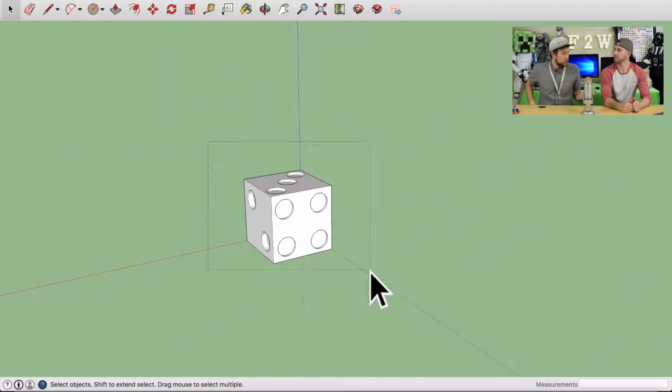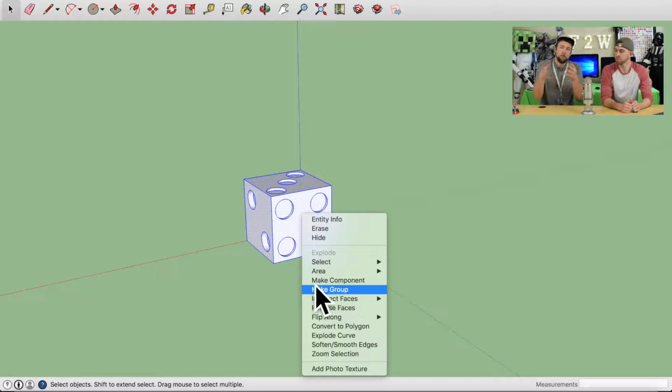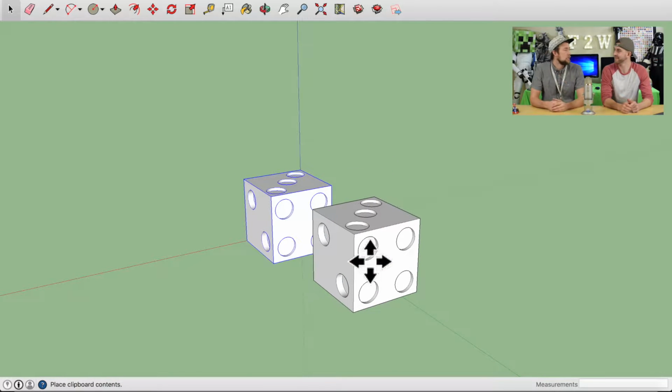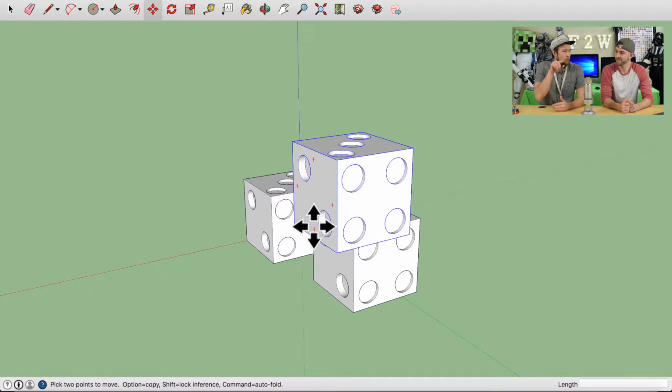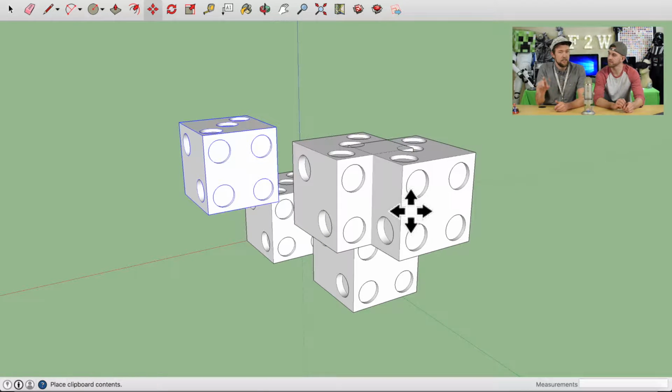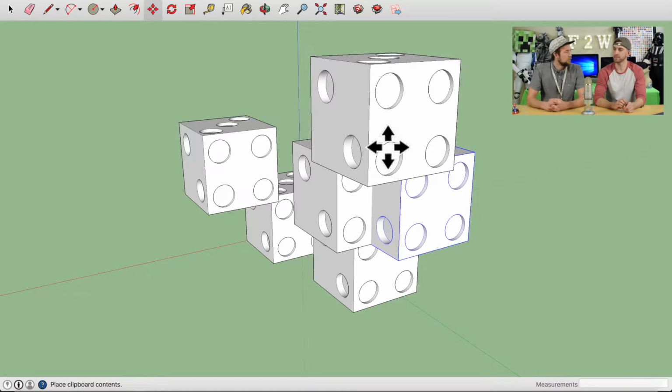So the answer to the question, what is grouping? It's a way to organize and protect objects. In the example we're seeing here, we're going to use all these circles to group them, and you can see what that looks like moving around a group to get them all moving together.